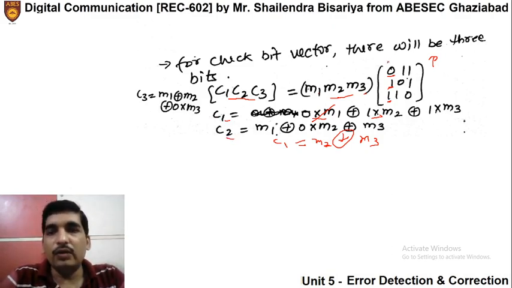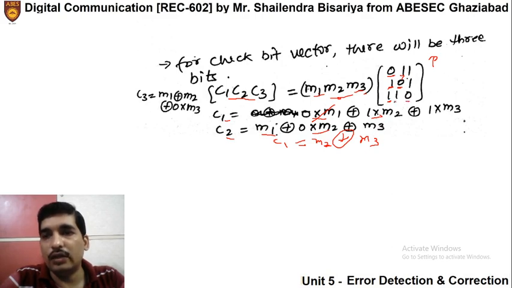Similarly, C2 is obtained by multiplying with the second column. M1 into 1, then M2 into 0, and M3 into 1, so C2 is nothing but M1 XOR M3.